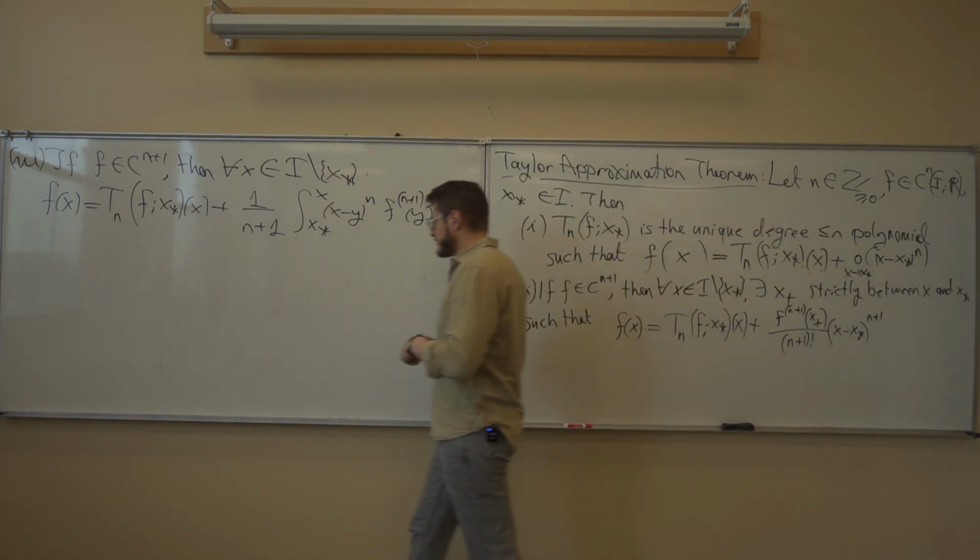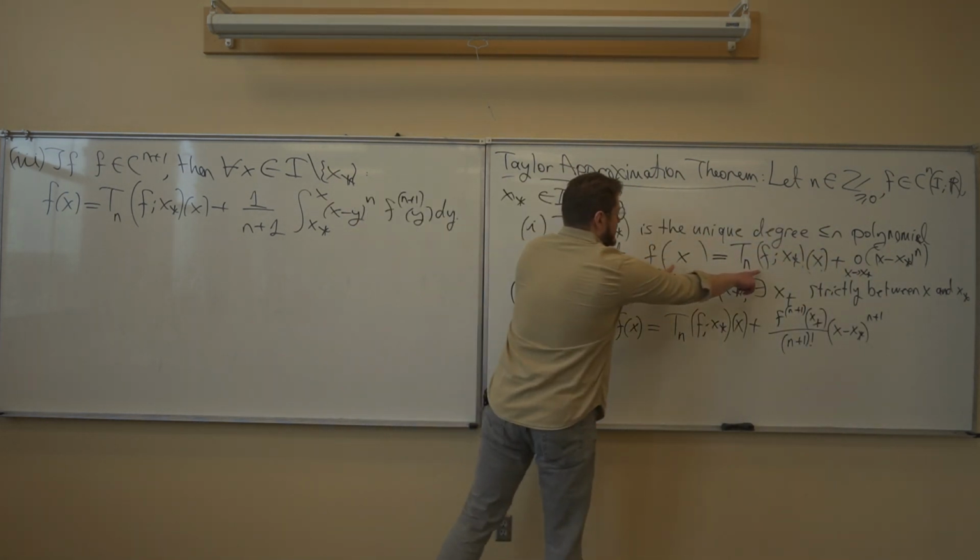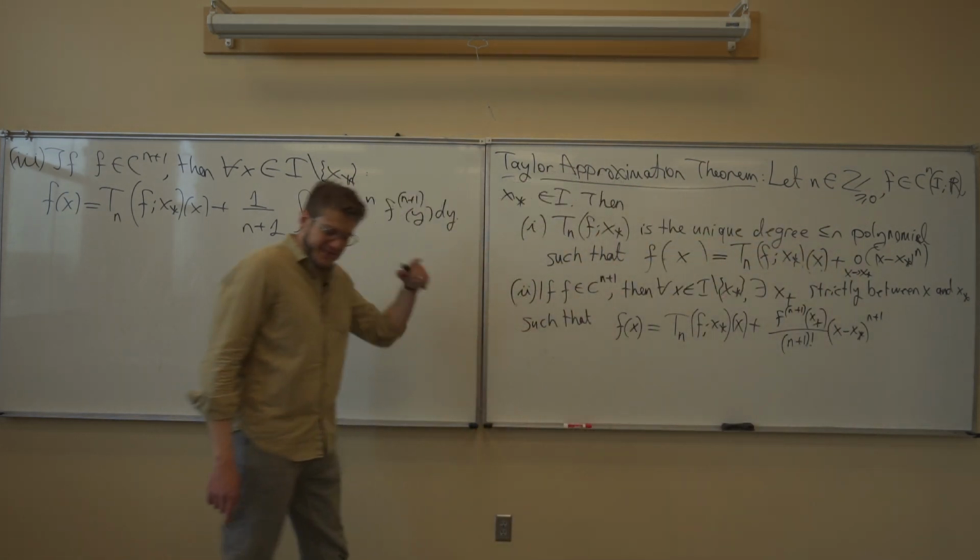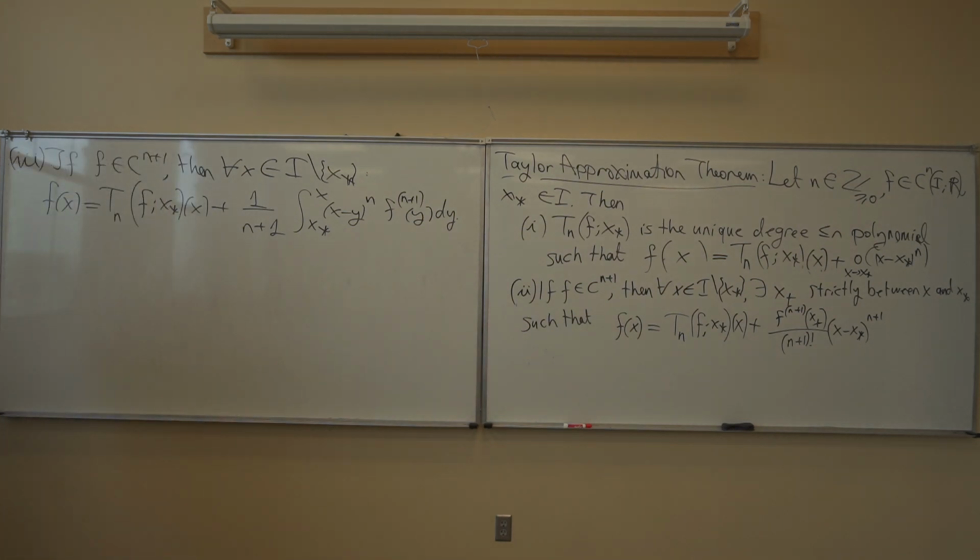So people call the discrepancy between the function itself and its nth Taylor polynomial the nth remainder. All of these statements are about the nature of this nth remainder.